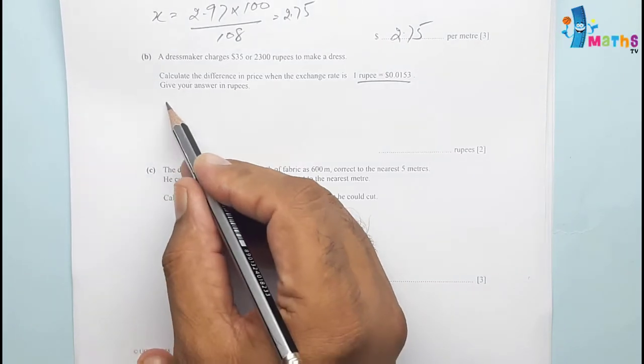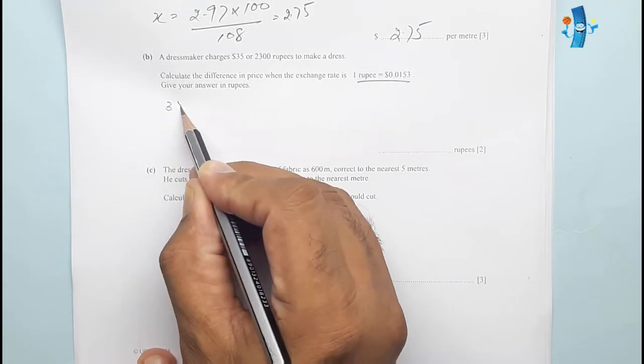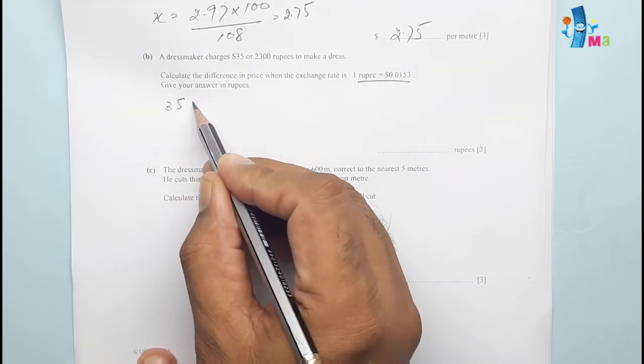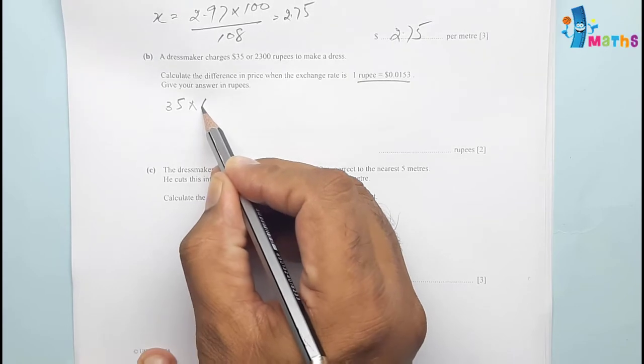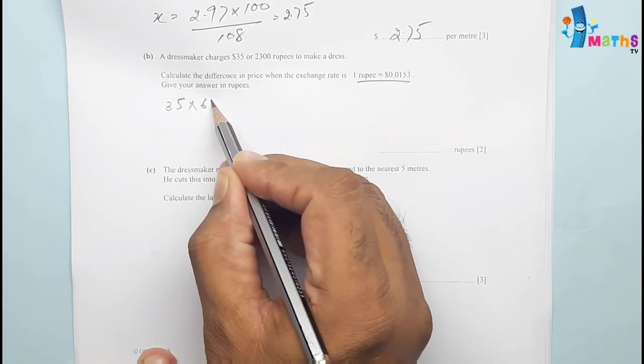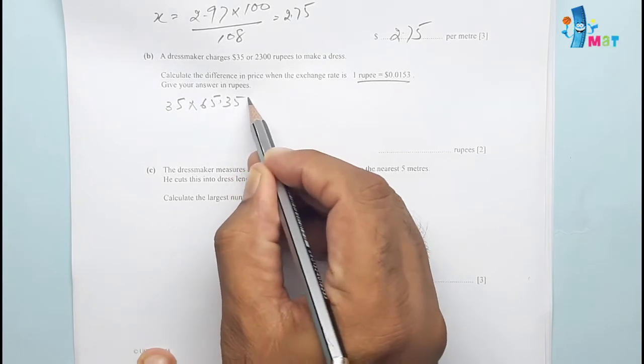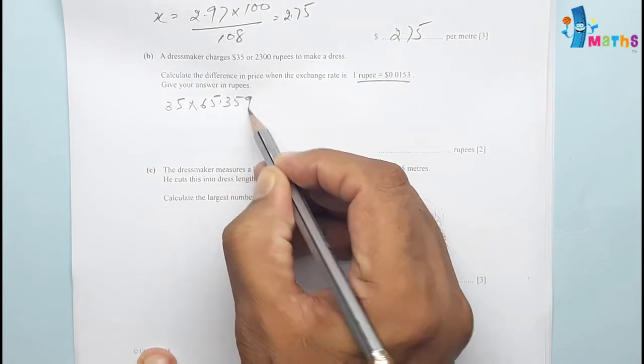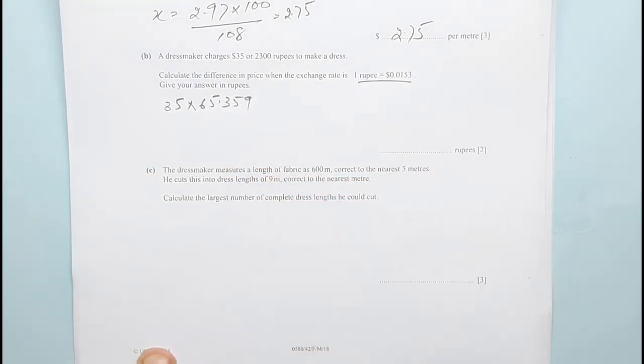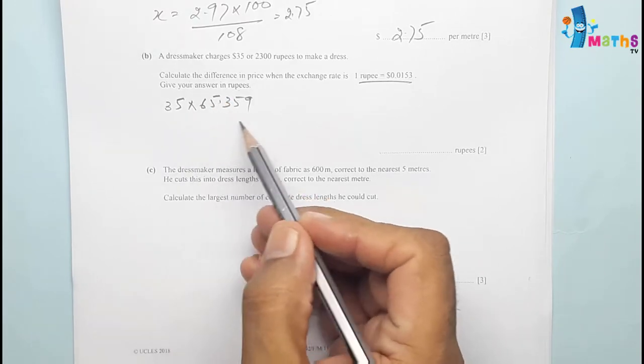So conversion rate question: 35 dollars will be multiplied by 65.359, and this is basically the conversion ratio.